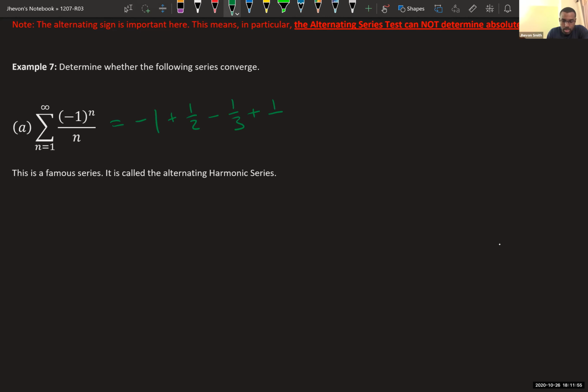Plug in n equals 4, I get positive a quarter, and so on. Right? So the signs are alternating. 1 over n gives me a positive number for every n greater than or equal to 1. However, the -1 to the n is just changing the sign, and it alternates every other term. Okay. So the question is, does this guy converge?